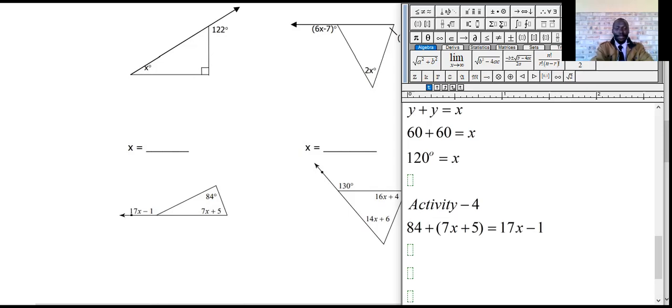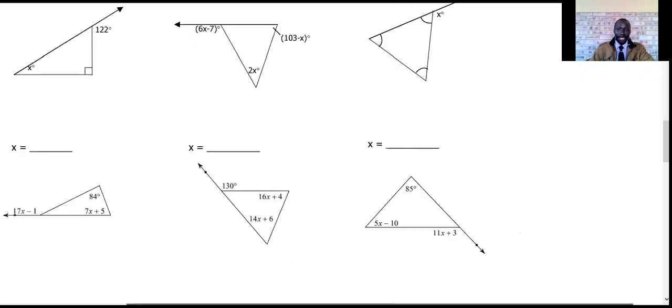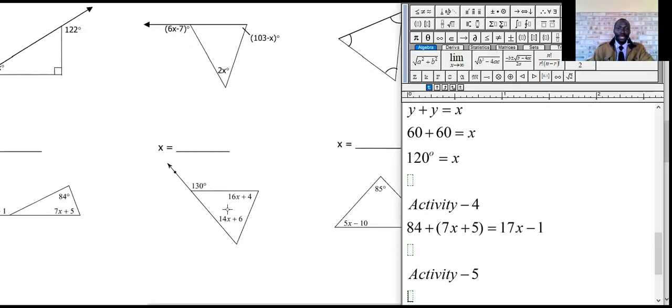Now, for the next activity, which is activity 5, notice that what we are dealing with in this case is these two angles being opposite to 130 degrees. So the equation is going to be, well, you may not need to put it inside the bracket, but it's also fine to put it inside the bracket.